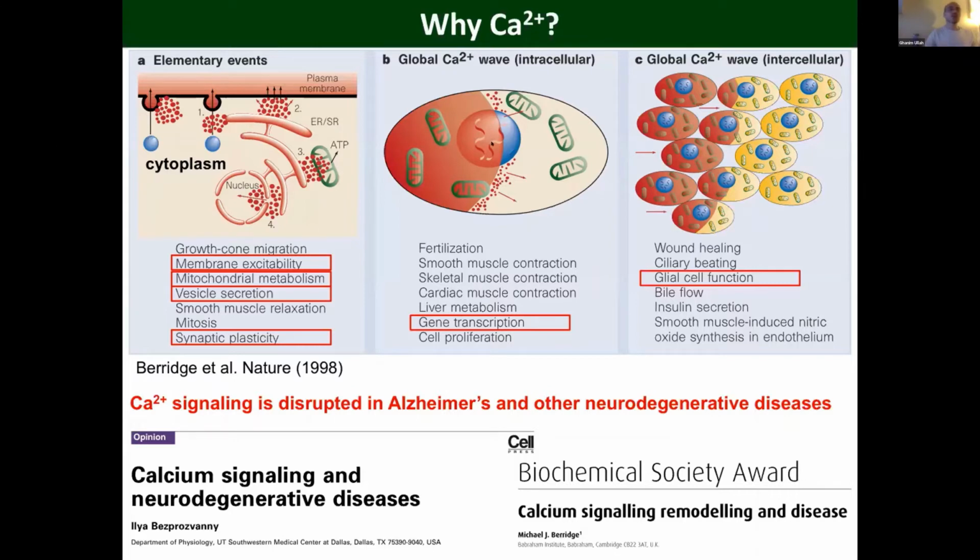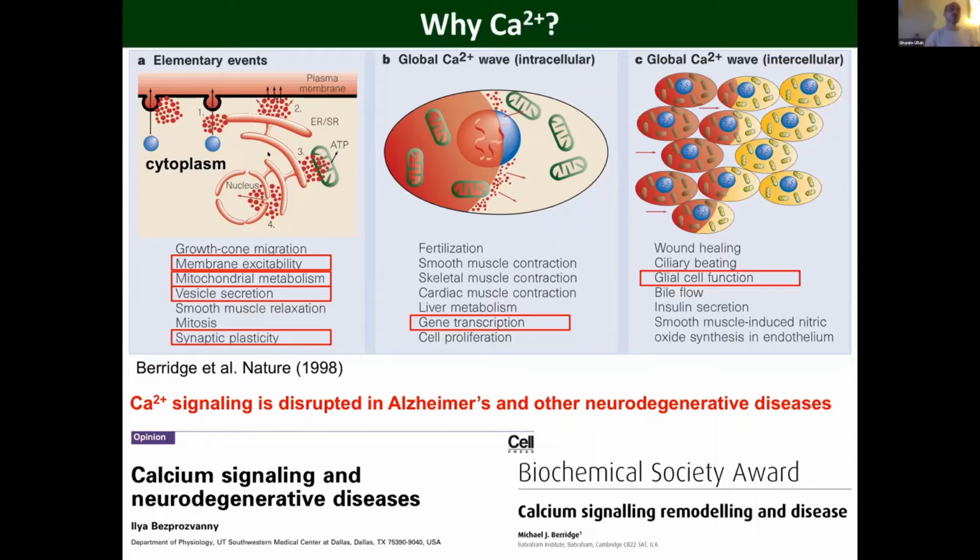So calcium is a universal signal where the spatio-temporal scales of these signals have specific meanings for the cell function. These small ones, for example, are important for mitochondrial function, like energy production, vesicle secretion, the stuff that Suhita and Padmini talked about, synaptic plasticity. And the whole cell signals have fertilization, some of the stuff that Khalid talked about, gene transcription and so on.